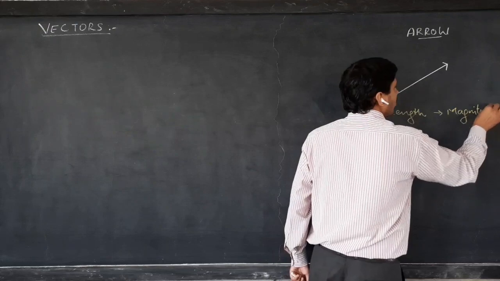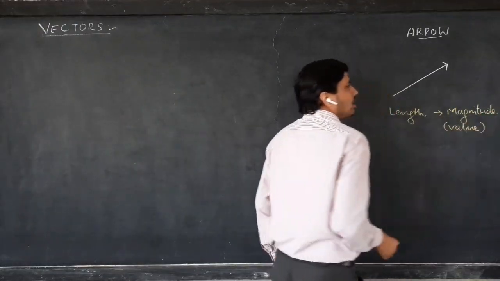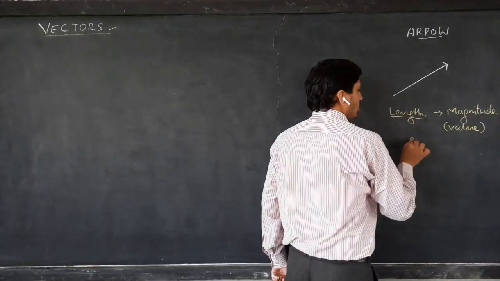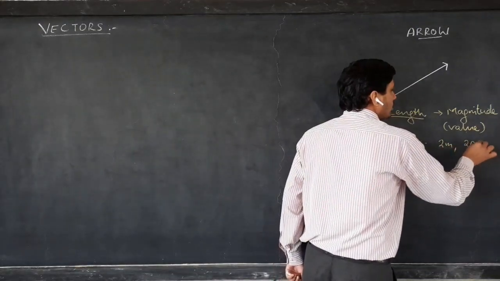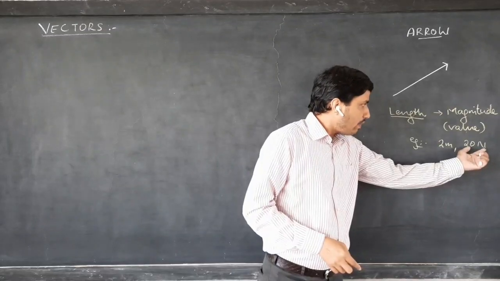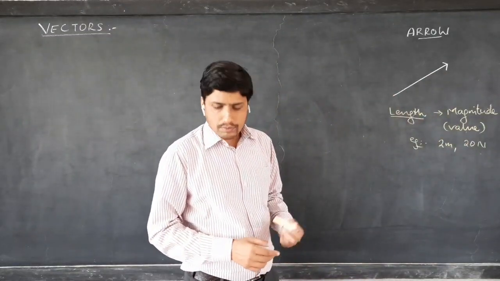Now, what is magnitude? Magnitude means value. For example, 2 meters, 20 Newton. These are values, and that value will be given by the length of this particular vector.